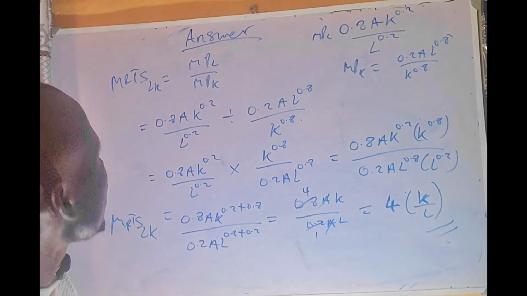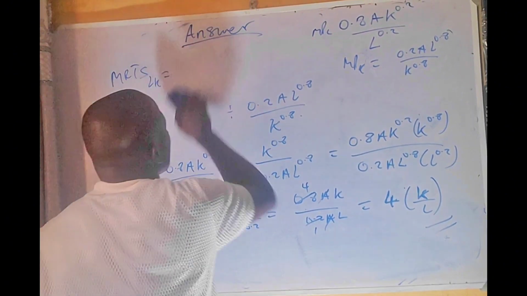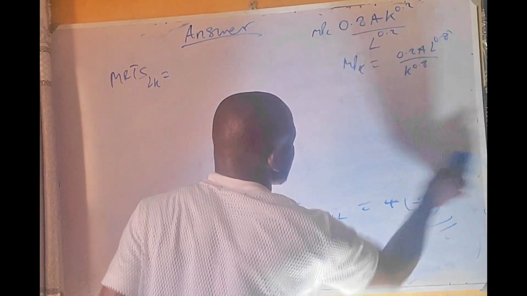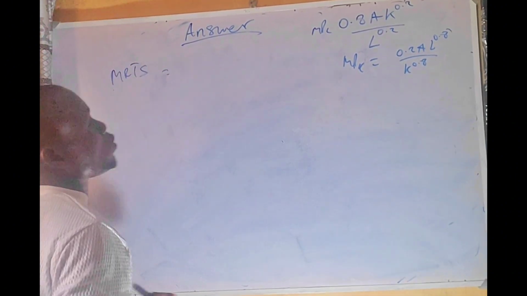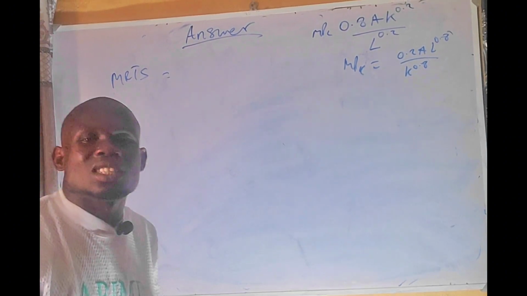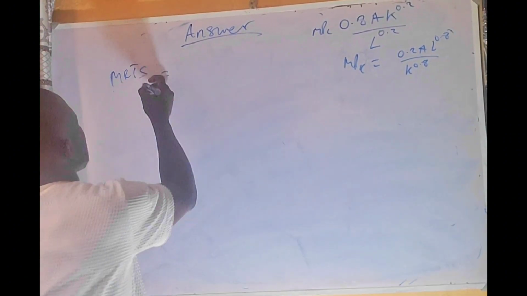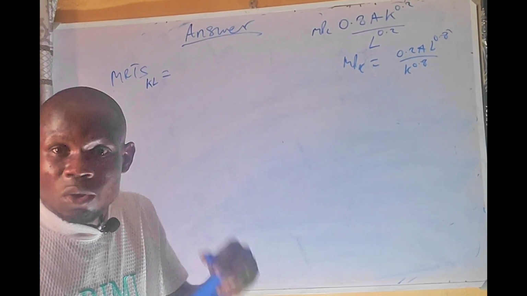Now let's find the marginal rate of technical substitution of capital for labor. Don't forget, the one we did just now is the marginal rate of technical substitution of labor for capital. That is, at what rate can we substitute labor for capital? Now, at what rate can we substitute capital for labor? That's the marginal rate of technical substitution of capital for labor.